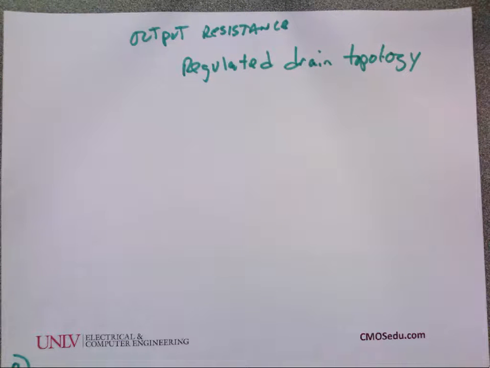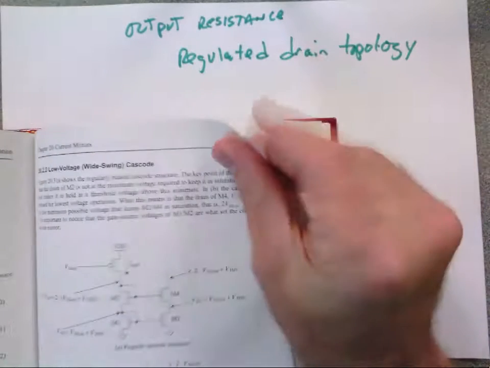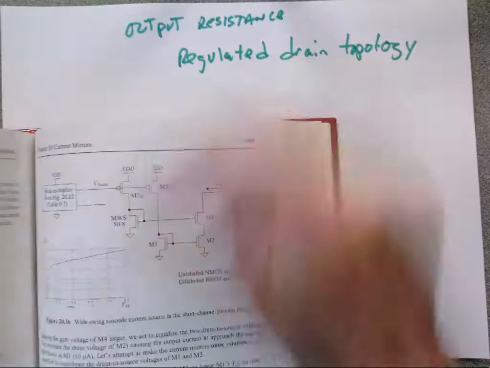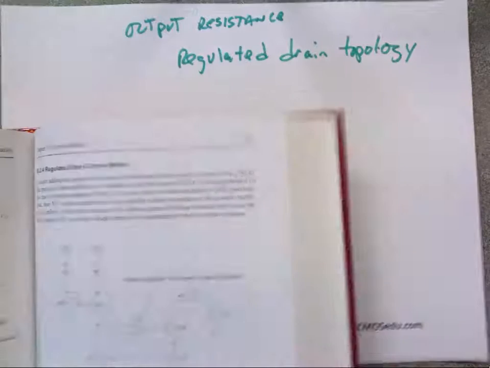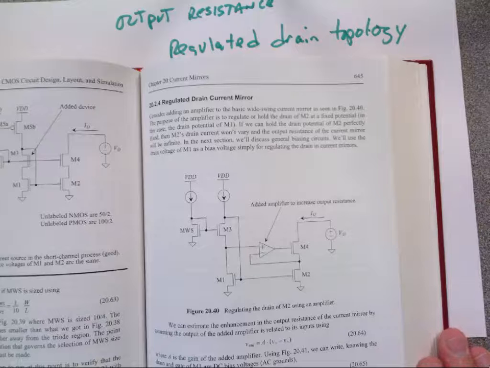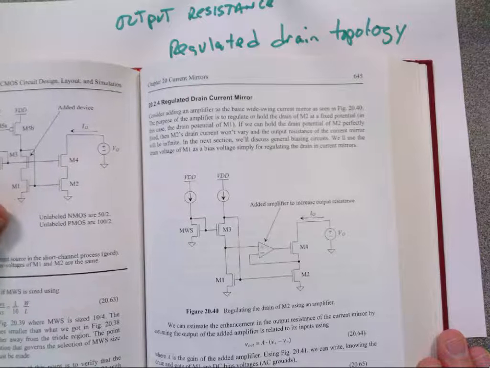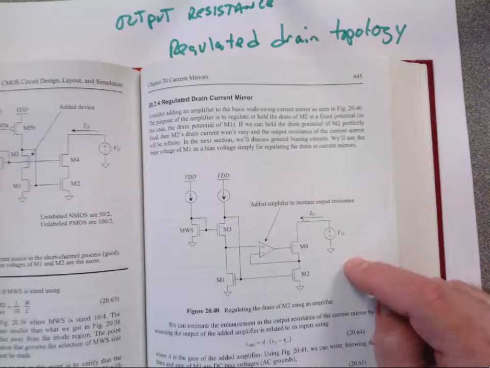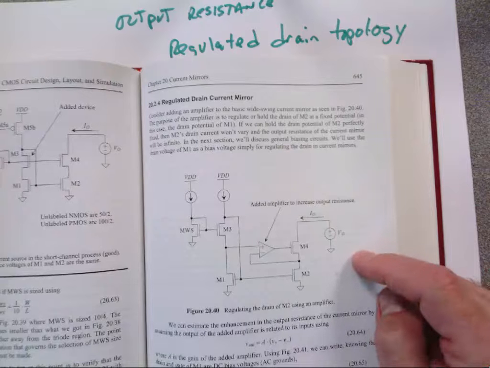Well, let's see if I can find in here the PMOS version. There's the NMOS version. Would it be a challenge to sketch the PMOS version? I think we even did the PMOS small signal output resistance in class. Wouldn't that be reasonable?